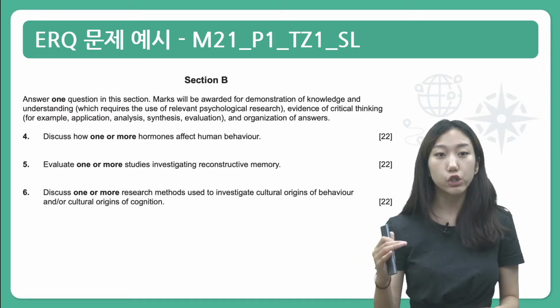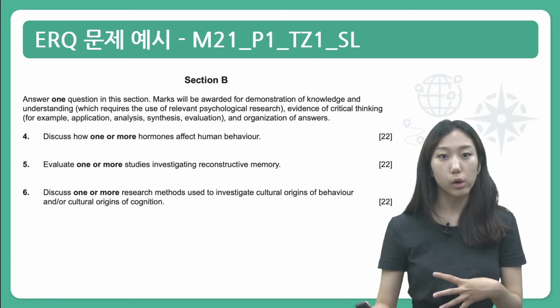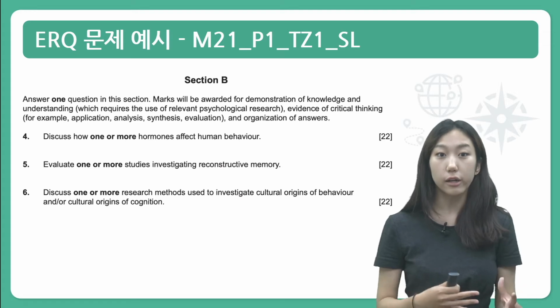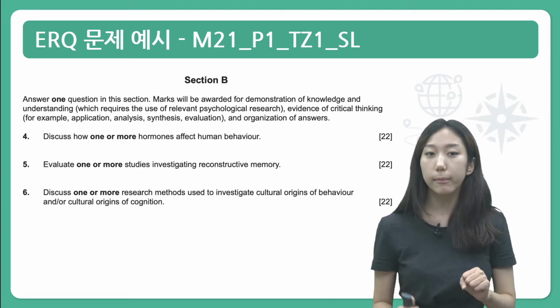So if you look at each of them, the first one is about the biological approach, the second one is from the cognitive approach, and the third one is sociocultural, but that does not really matter.